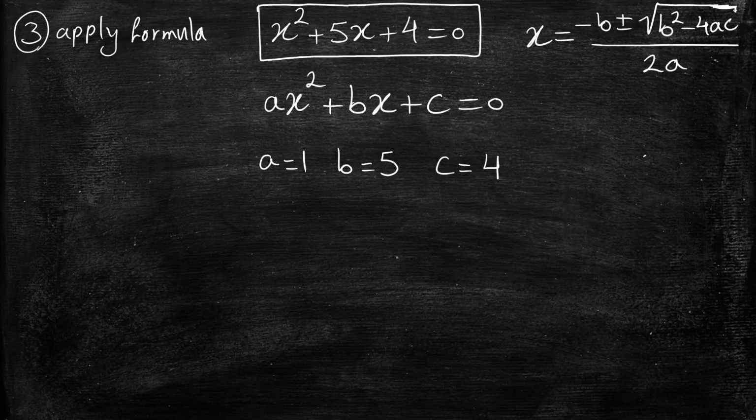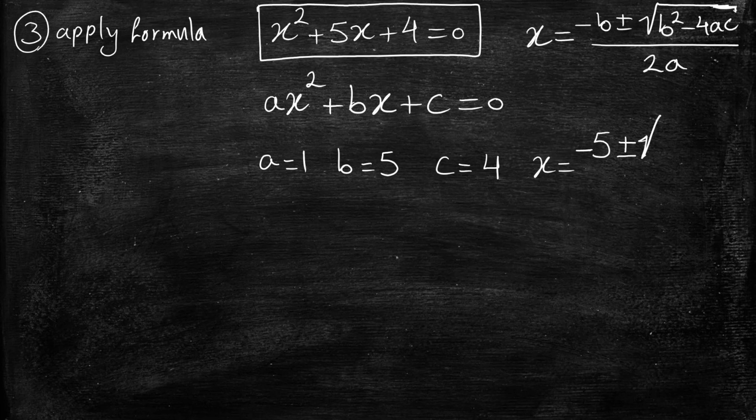So we're going to do that. x equals, I'm going to plug a, b, c into this formula. So x equals minus b, so that's negative 5, plus minus, I will explain what plus minus means.